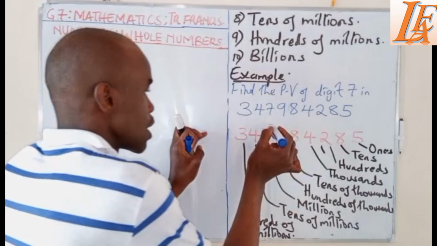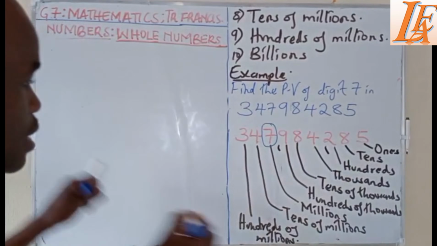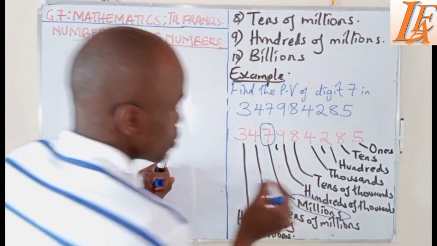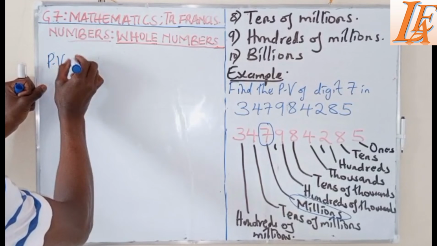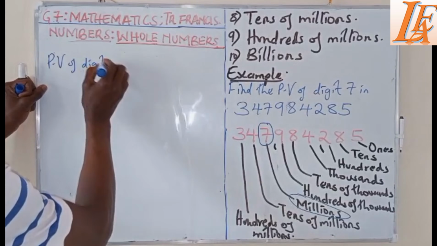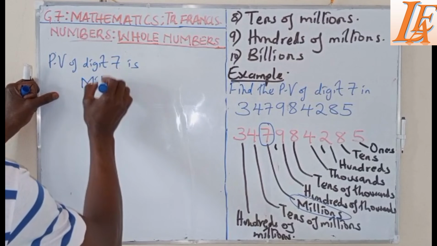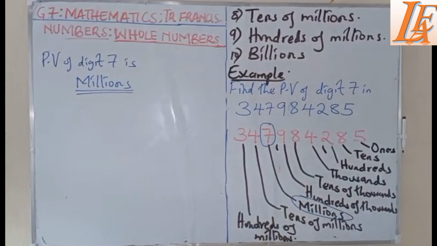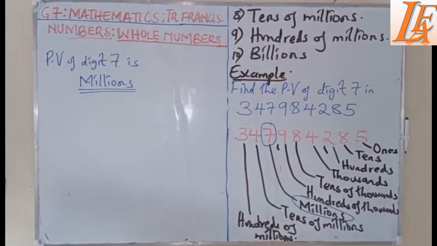In this case, 7 appears only one time, and 7 is in the place value of millions. So you write: place value of digit 7 is millions, and a double line.